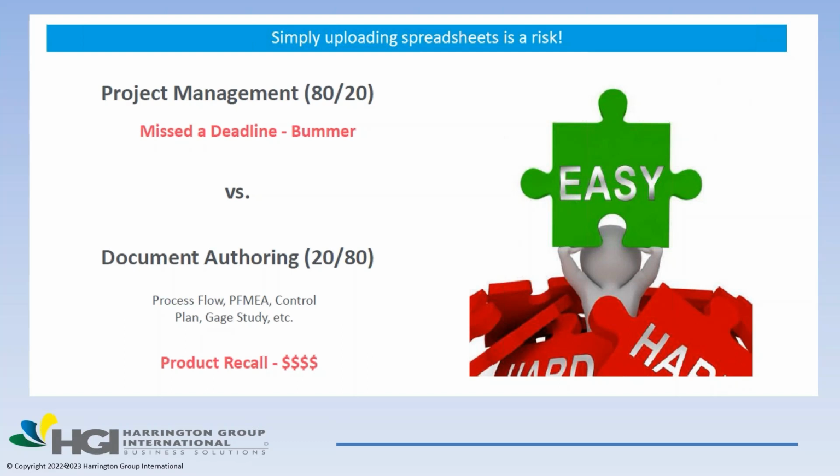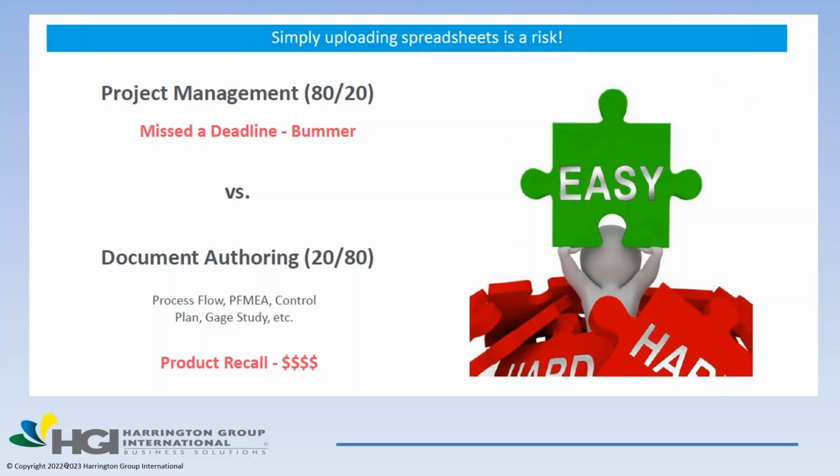That is significantly different from the document authoring process, where we're creating the knowledge engineering: the process flow, the PFMEA, control plan, gauge studies. The challenge is the project management is kind of easy, and that's where 80% of the effort is spent in most companies. The document authoring is the hard part, and that's where not a whole lot of time is spent from an executive viewpoint.